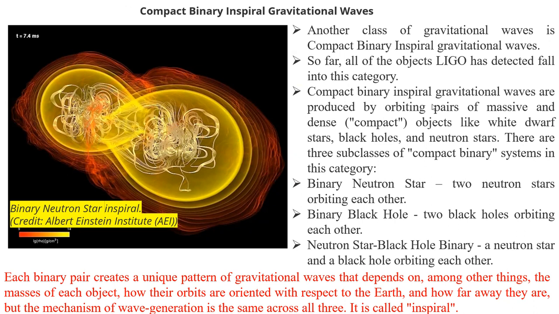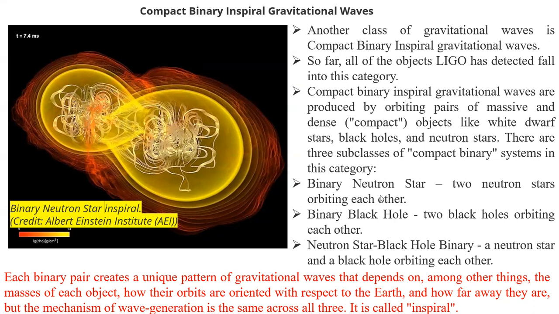Compact binary inspiral gravitational waves are produced by orbiting pairs of massive and dense objects like white dwarfs, dwarf stars, black holes, neutron stars.